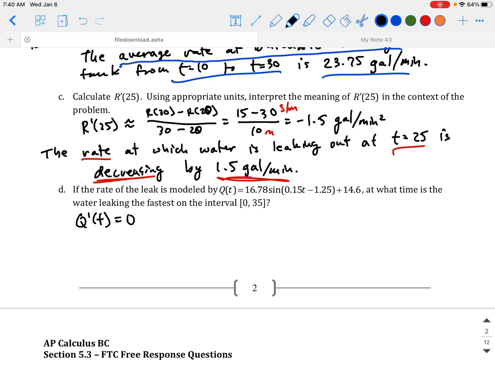So we can calculate when the derivative is at its maximum.